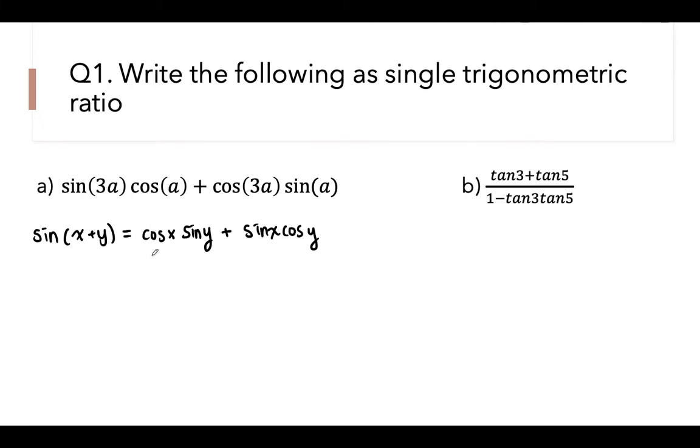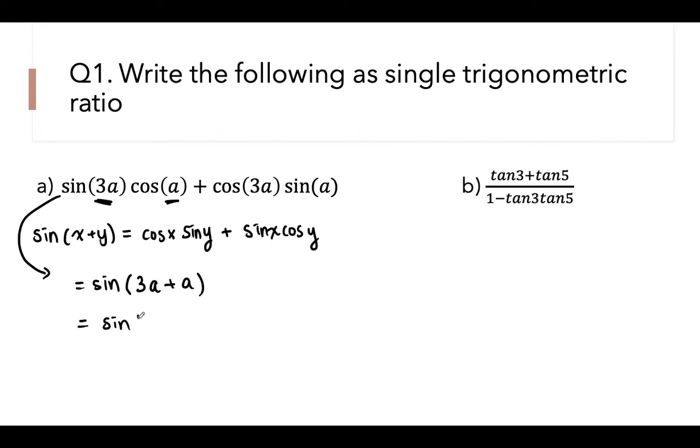As you can see, in this case I have angle x, which is 3A, and angle y, which is A. So I can simplify this expression using the formula, which is sine of 3A plus A. It's exactly the same formula, except the angles are represented using 3A and A. And I can simplify inside the bracket by collecting like terms.